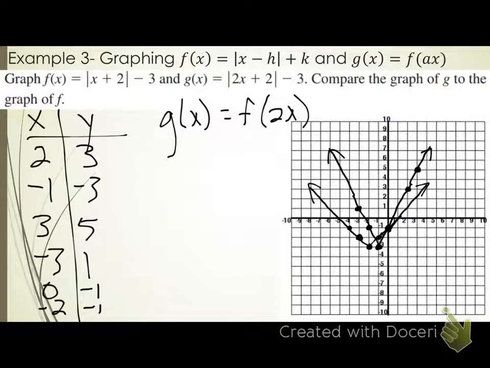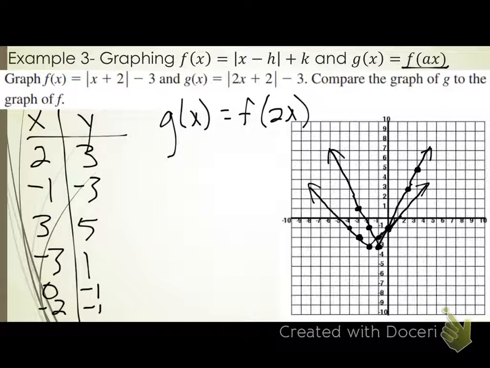Because if I take my f of x and I plug 2x in for x, I get g of x. Does everyone see that? If I replace that x with 2x, I get g of x. So it's taken on this form right here.